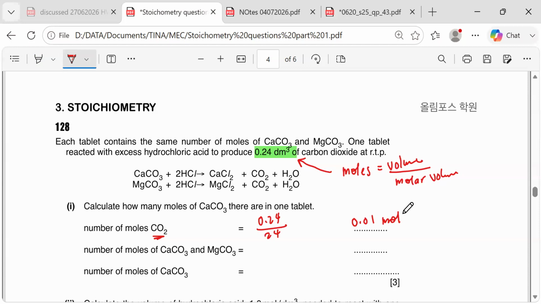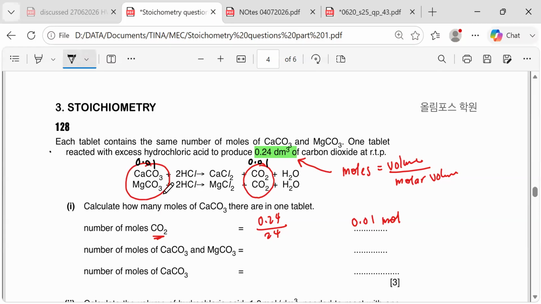Okay, this question is a little bit more complicated. So they're telling you there's a tablet. The tablet will react with hydrochloric acid the same way to produce the same amount of carbon dioxide. So in the two equations together, if this one is 0.01, the total of these two, are they the same? 0.01?